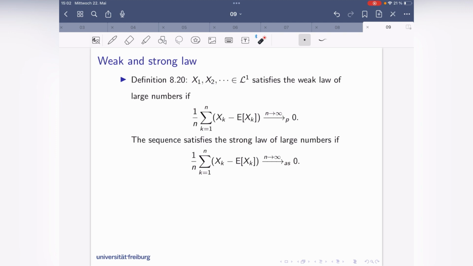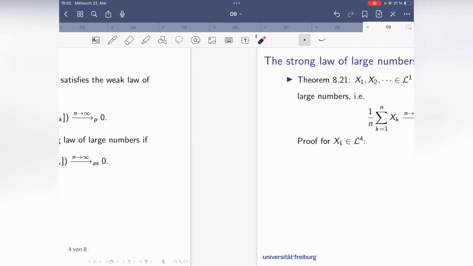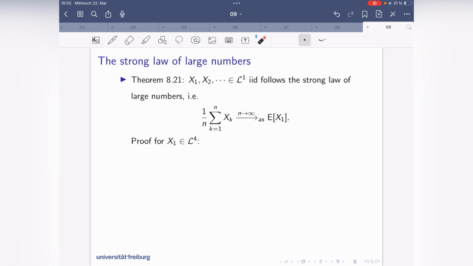Convergence in probability here means they satisfy the weak law. So you can say it's a definition: something satisfies the weak law of large numbers if the mean converges to the expectation in probability. And for the strong law of large numbers, the only thing which is different is you have almost sure convergence and not convergence in probability. So that means the sequence satisfies the strong law. Today we have this: they're in L1 and they converge almost surely.